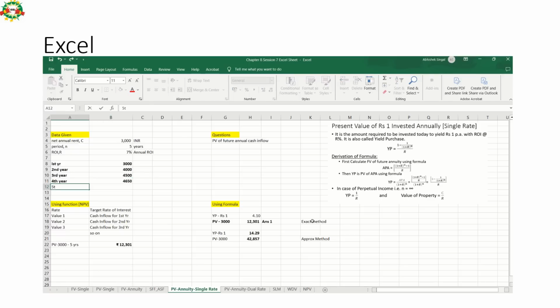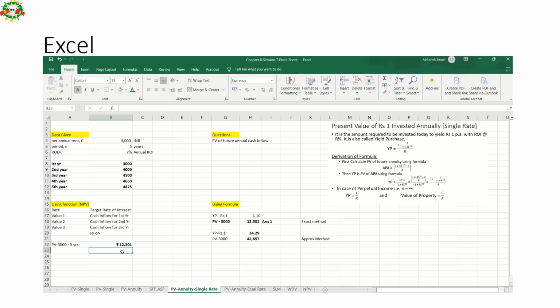And fifth year 4,875. So this is the rent which you are expecting in the next 5 years. What is the present value of these 5 years of rent? How to calculate? You cannot use this formula; it will not work here. So in that case, you can use the NPV function.